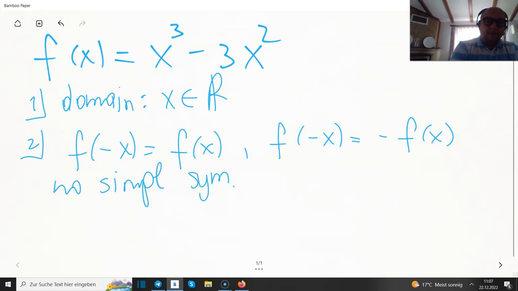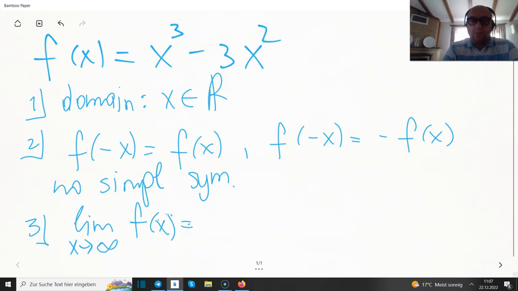let's write simply no symmetry. Okay, number 3. We obtain the behavior of the function if we run x towards plus or minus infinity. Let's see what's happening if x is running towards plus infinity for our f of x. The dominant term is the expression with the highest power, which is x cubed.